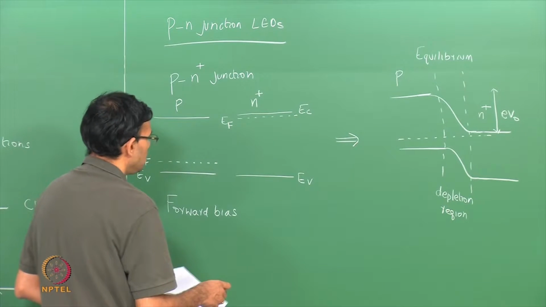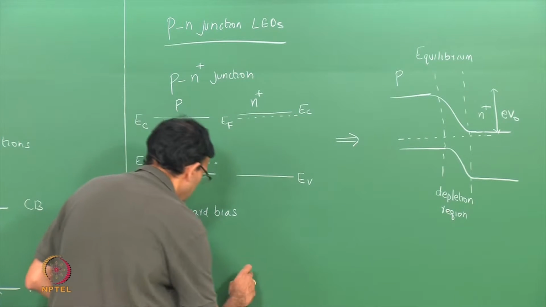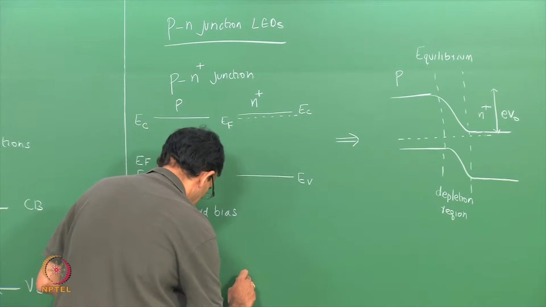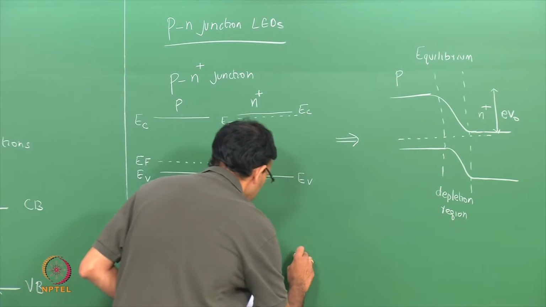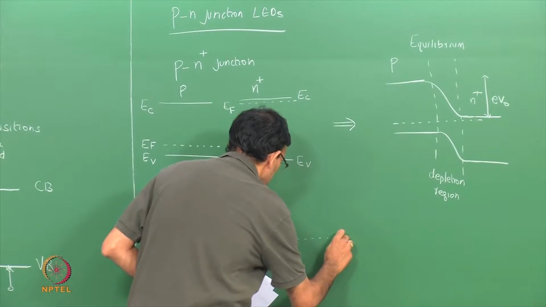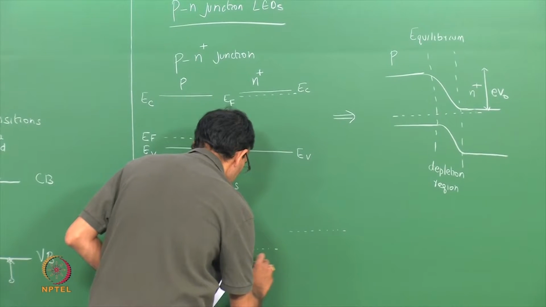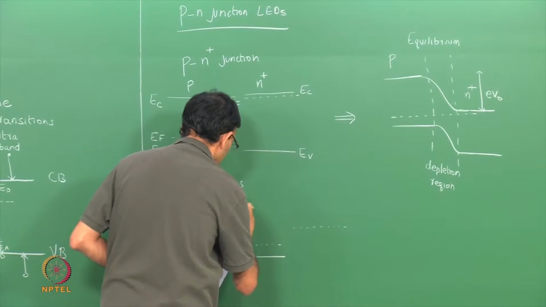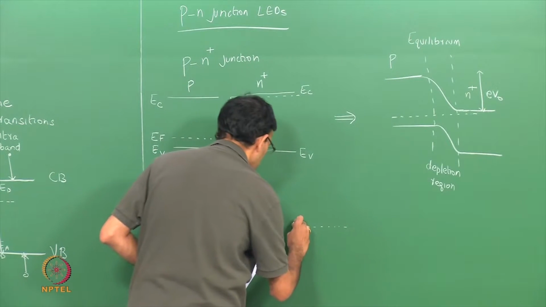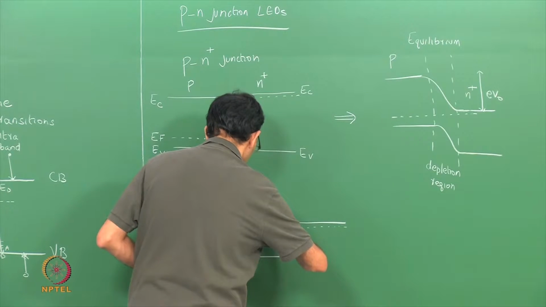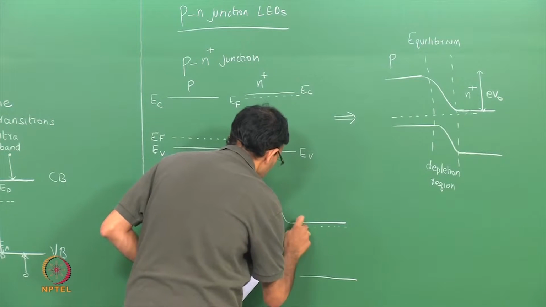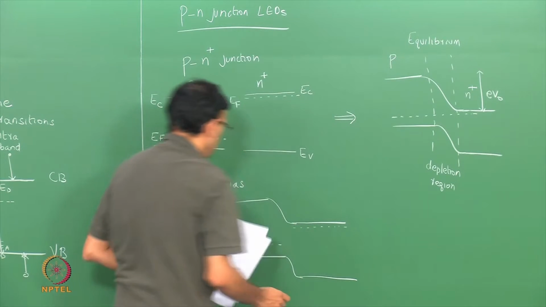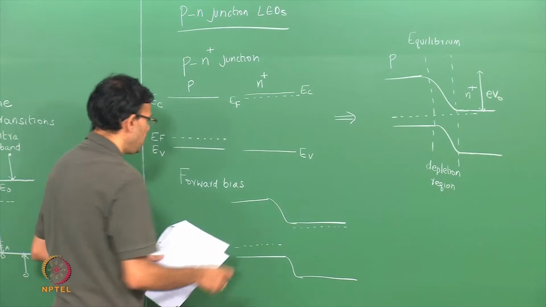So, if you draw the band diagram of this in forward bias, so you forward bias the p-n junction.